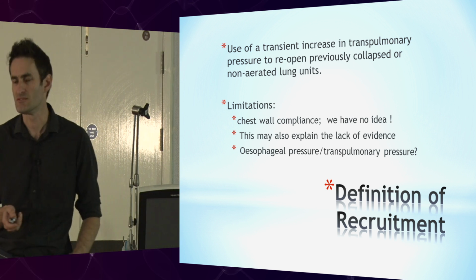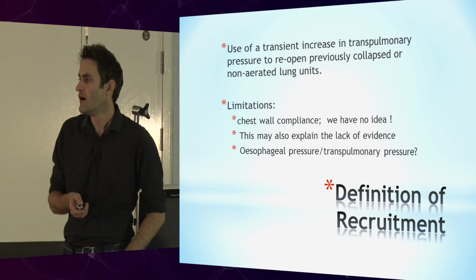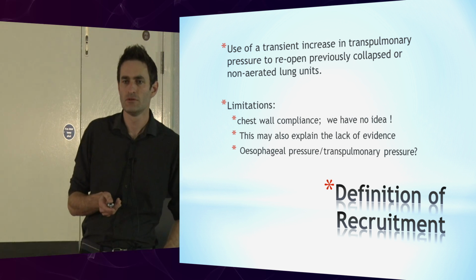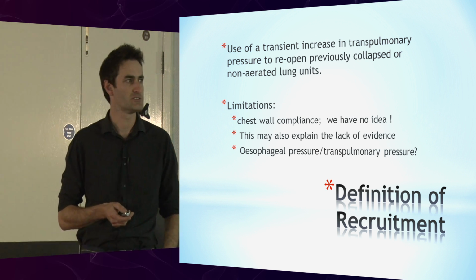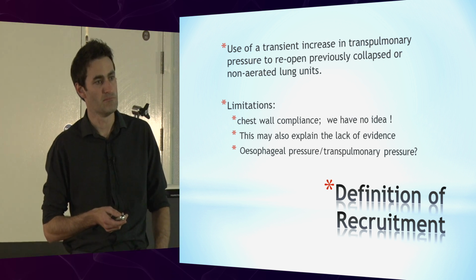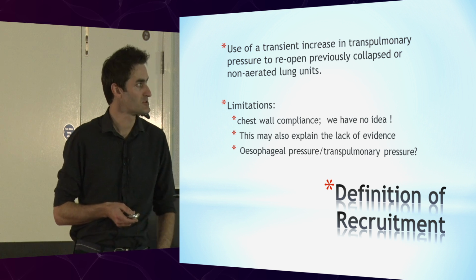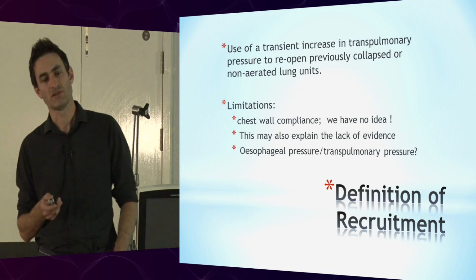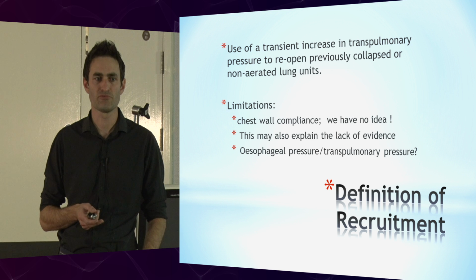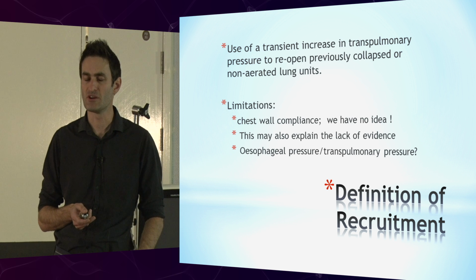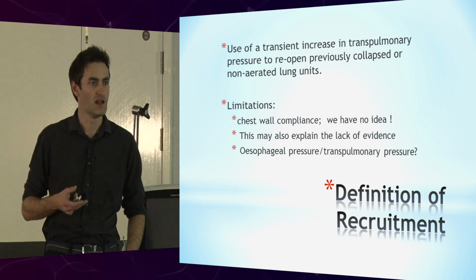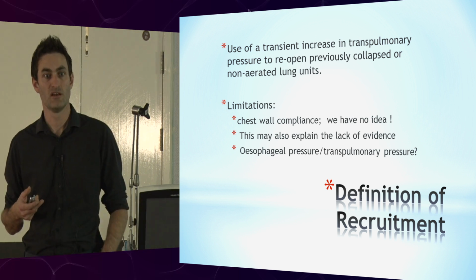What are the limitations of this? We don't really know what the chest wall compliance is in patients. It varies from patient to patient. Difficult to know and measure objectively exactly what it is. So how much of the high ventilatory pressures that you may be seeing in ventilating these lungs, how much of that is due to stiff lungs, how much is due to stiff chest wall?